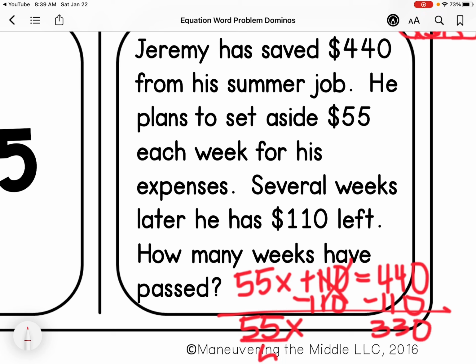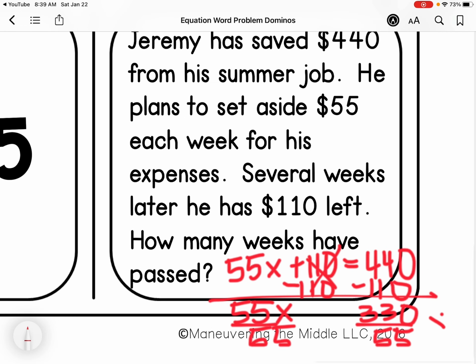And I'm going to divide by 55. So x equals 330 divided by 55 gives me 6. So 6 weeks have passed.